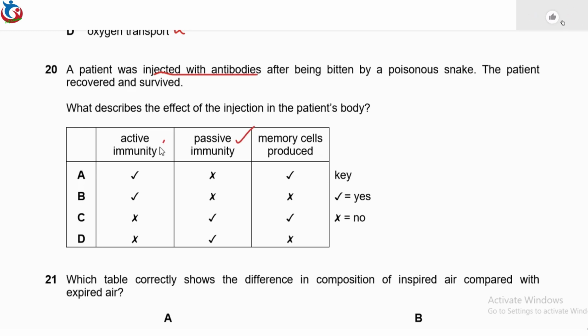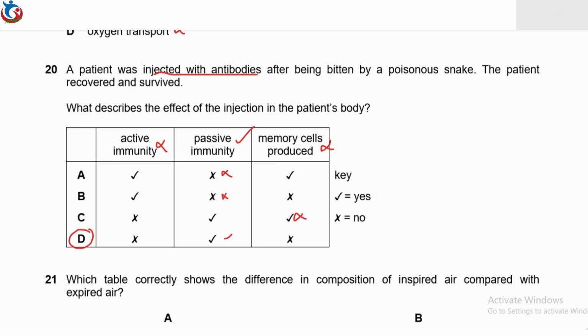It does not produce active immunity, and does not generate memory cells. Memory cells are not produced. So because of this, option A is wrong, option B is also wrong, option C is wrong, then option D is correct. That makes option D the correct answer.